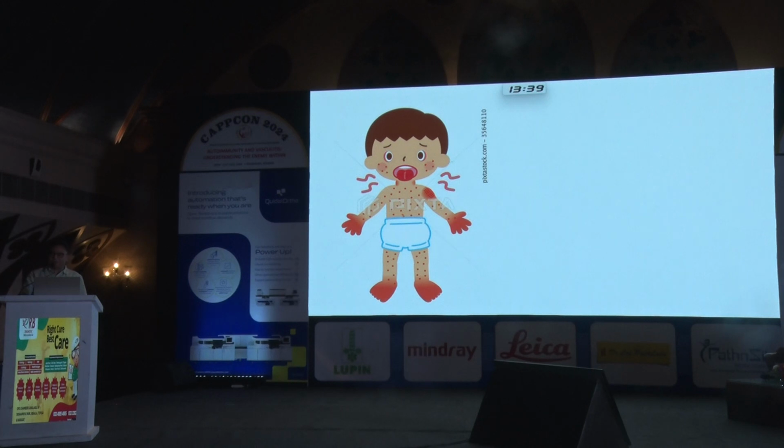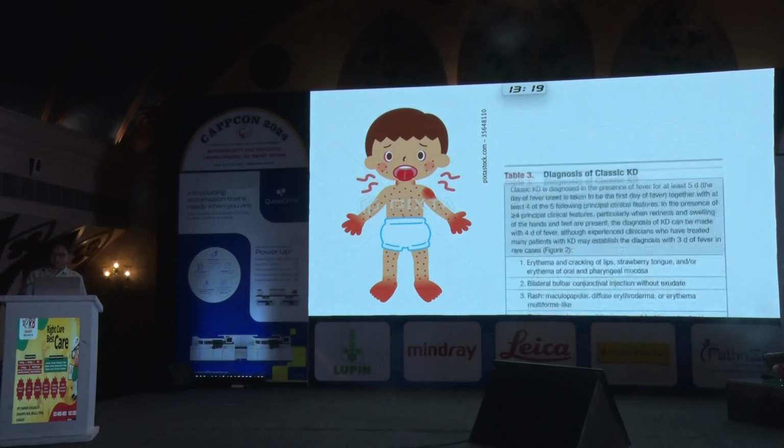So Kawasaki disease by no means is a rare entity. It is the commonest cause of acquired heart disease. It has replaced rheumatic fever, and it is also the commonest cause of pediatric vasculitis.